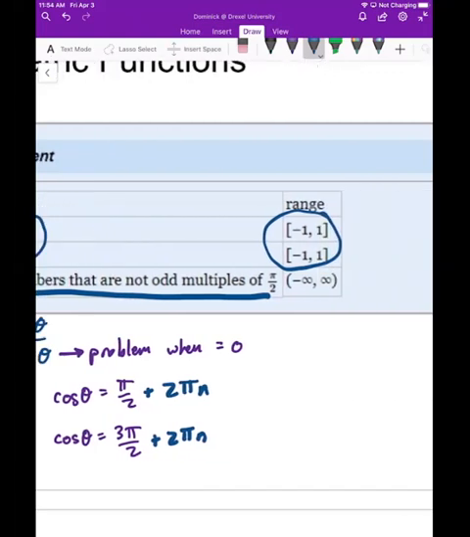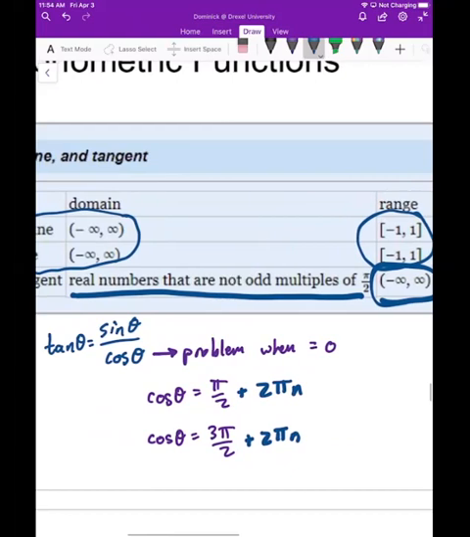Now the range for tangent is going to be everything. And the reason why is because as cosine gets extremely small, you're taking a number that's between -1 and 1 and you're dividing it by a really small number, so you're going to make overall your number really large. So you can essentially make this as large as you want.